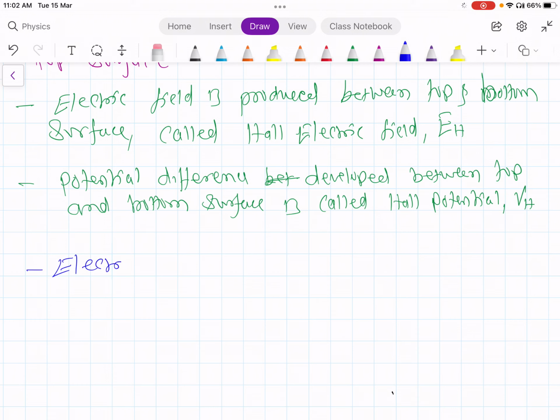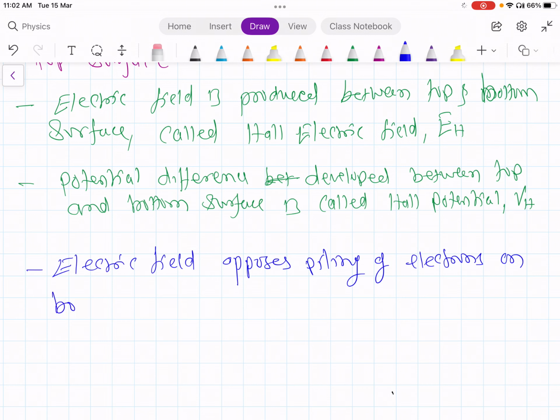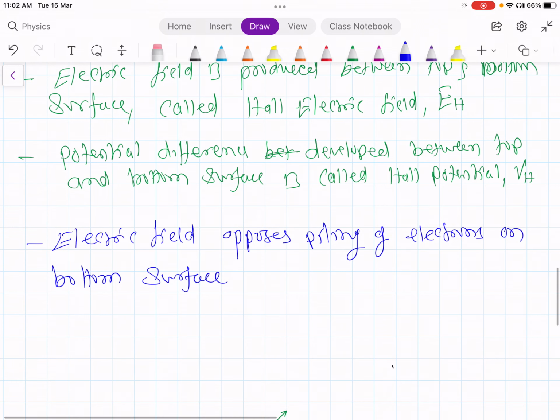Electric field opposes piling of electrons on bottom surface. It is opposing the accumulation of electrons on the bottom surface. So the electric force acts in the direction opposite to Lorentz force. So then equilibrium condition is reached.